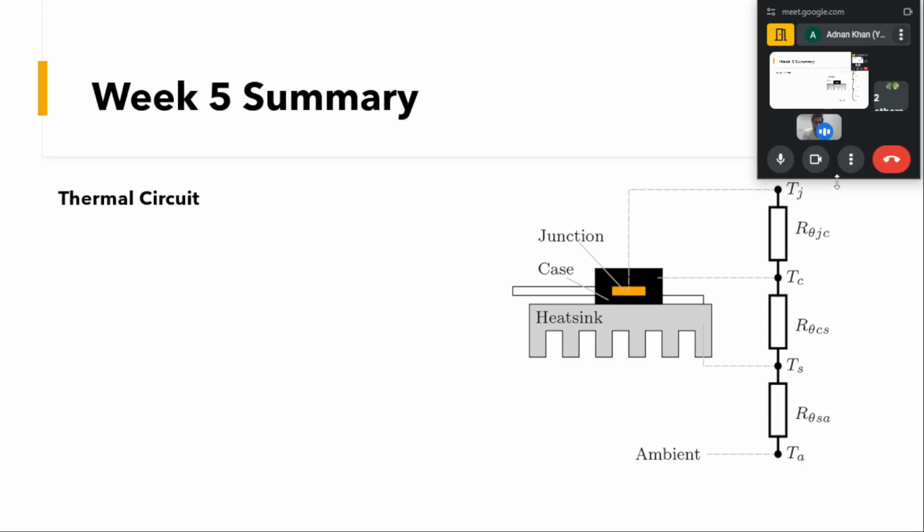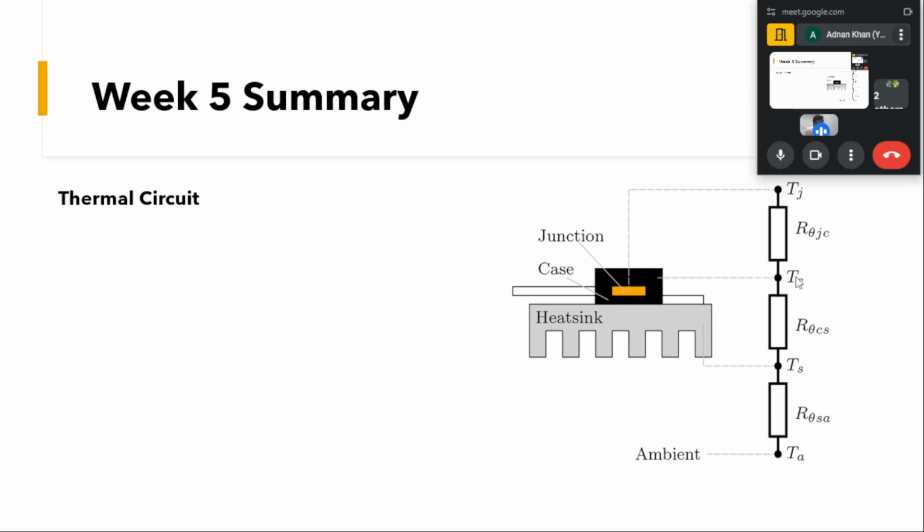What we have to do is limit this junction temperature below the maximum value that has been given in the data sheet. And after that junction, there will be a casing of the device, and this casing will be mounted on the heat sink.